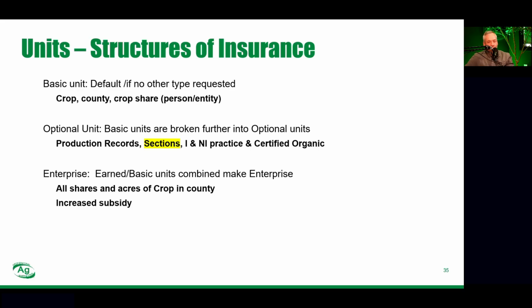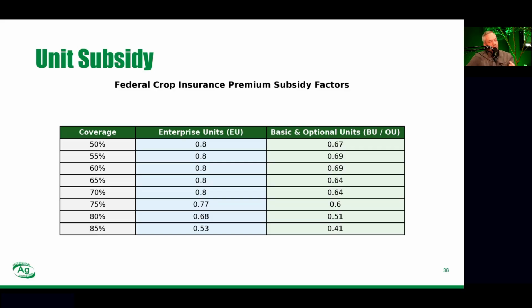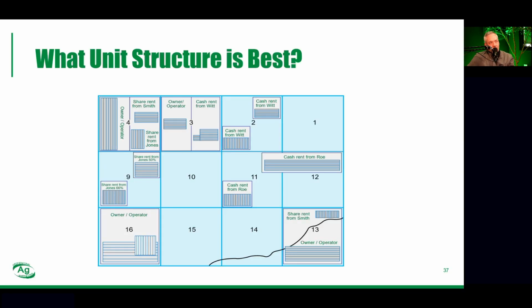Optional units are going to pay out more claims than enterprise units, and that is also one of the contributors to lower premium cost. Subsidy, this is the government discount, okay? Enterprise units are more subsidized than basic or optional units because they're rewarding you with higher subsidies and lower premium costs for taking on more risk for the individual producer. So what structure is best? That is going to vary widely.